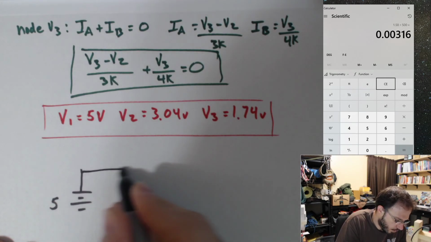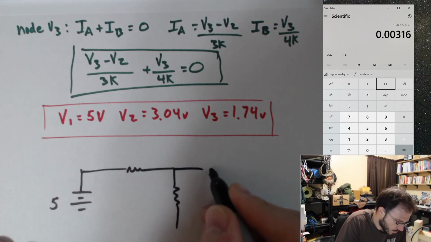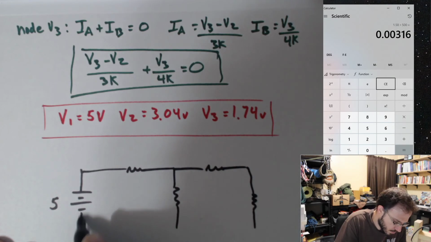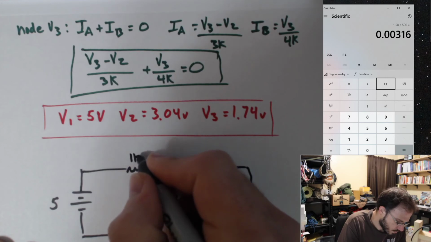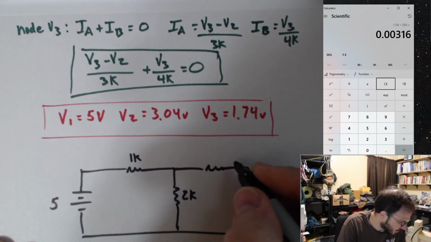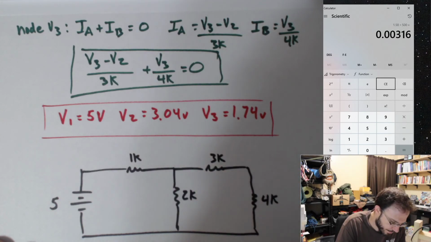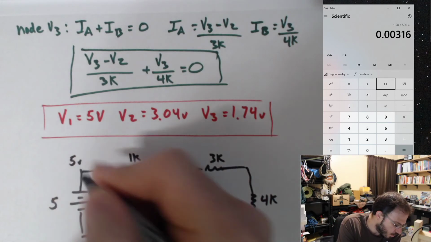We had 5 volts. 1K, 2K, 3K, 4K. Okay, so now I know that this was 5 volts over here.